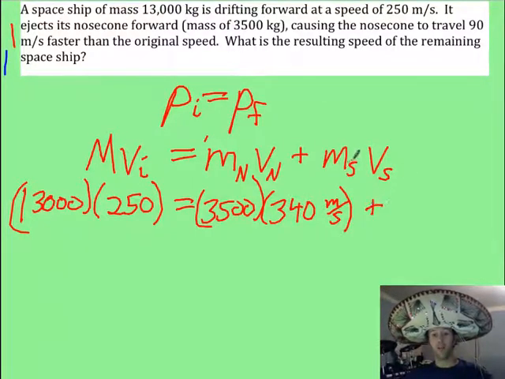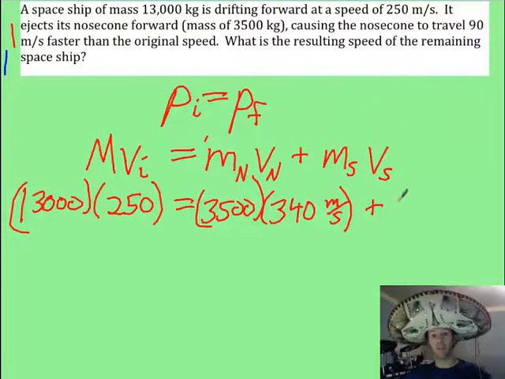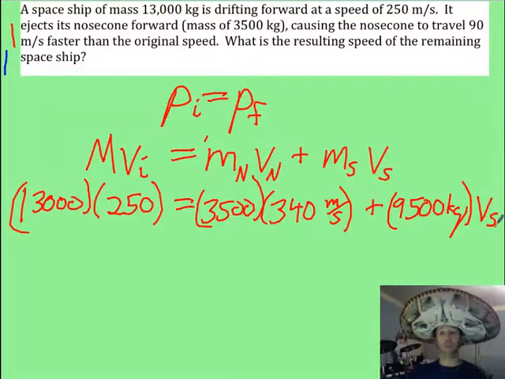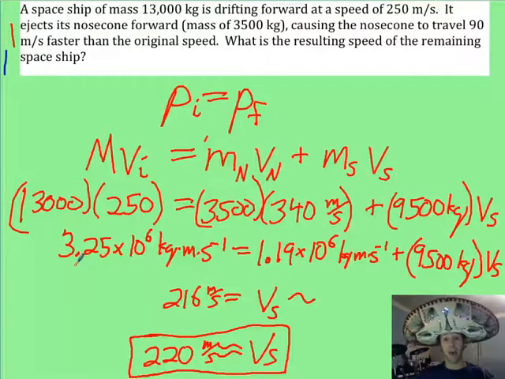And then the mass of the ship, what's remaining on it, is going to be the 13,000 kgs minus that 3,500. So that's going to give us, I believe, 9,500 kgs times the velocity of the ship. Now it's just a matter of algebra. And here I have filled in some algebra for you, so pause it, check, and see that your algebra works out the same as this stuff does, and the units should work out as well.